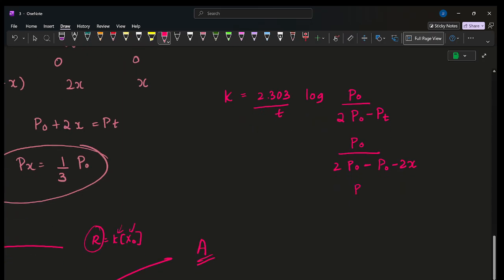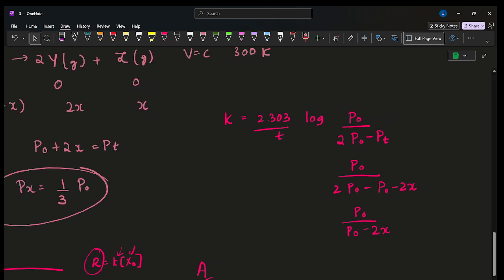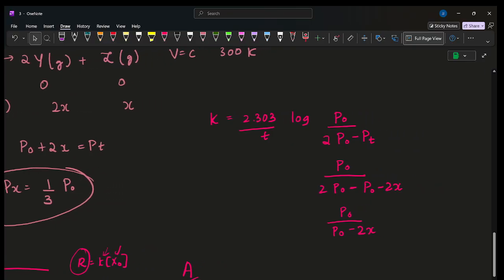So it's gonna be, is it? But they've got 3 P naught from. Hmm, I don't get it still.